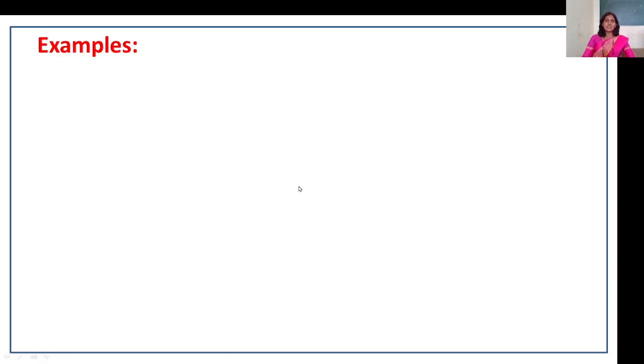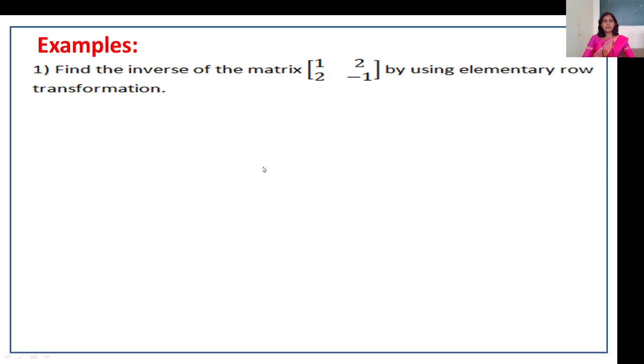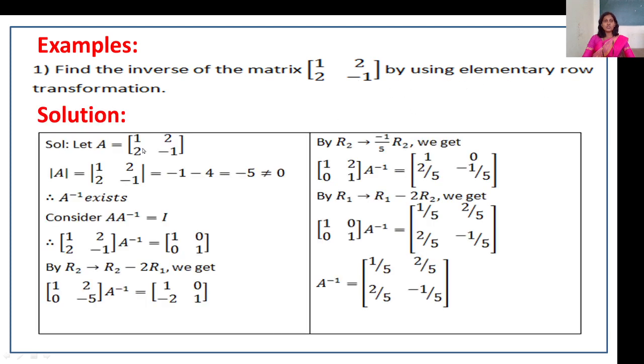So let's start with the examples. First example: find the inverse of the matrix [1 2; 2 -1] by using elementary row transformation. Its solution: let A be the matrix, 1, 2, 2, -1. Firstly, we have to find whether its inverse exists or not.